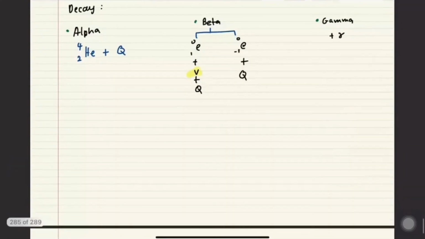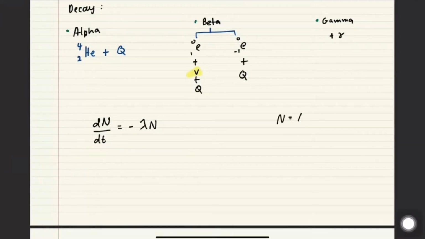Okay, the next part you learned about dN over dt. This is the rate of decay, negative lambda N, and lambda is the decay constant. As a result, if I derive this, I can write it as N equals N naught exponent negative lambda t.